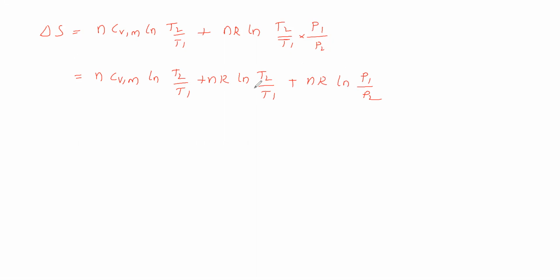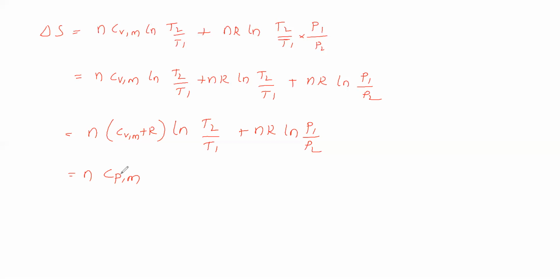Then ln T2 by T1 is common, and n is common, so we take them out. CVM plus R is there, then nR ln P1 by P2. Then CVM plus R we can write as CPM.